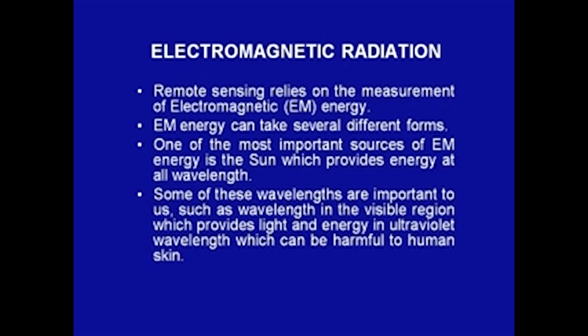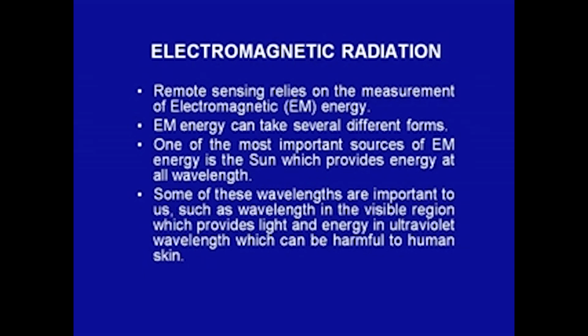Well, with this, now let us look at some of the components of remote sensing which play a crucial role. First of all, the whole process of remote sensing is based on electromagnetic radiation. So let us focus on what actually is electromagnetic radiation. Remote sensing relies on the measurement of electromagnetic, or what we call EM energy.